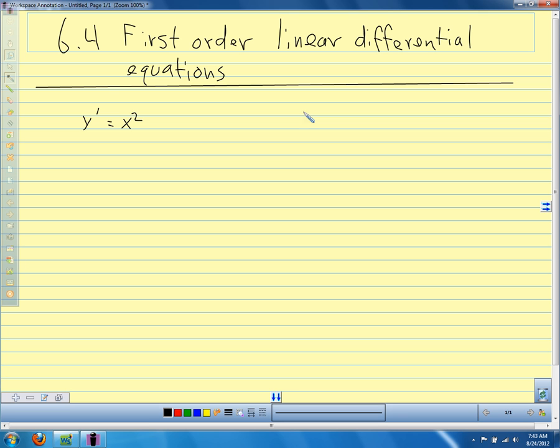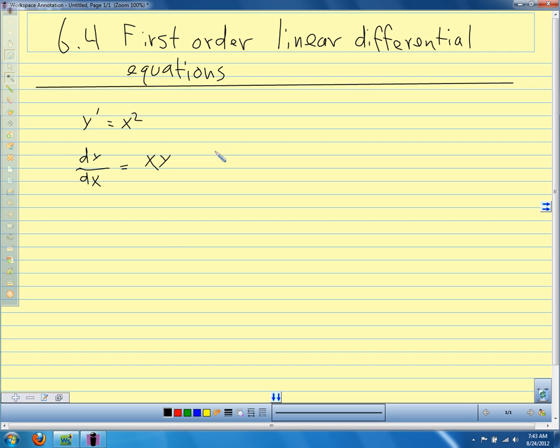We talked in Calc II, we worked with separable differential equations, and that's a type of differential equation where you can get the y's on one side and the x's on the other side. So that would be something like dy dx equals xy.